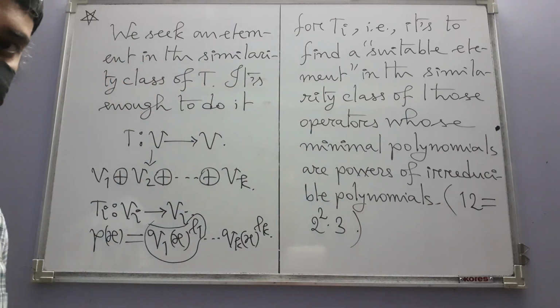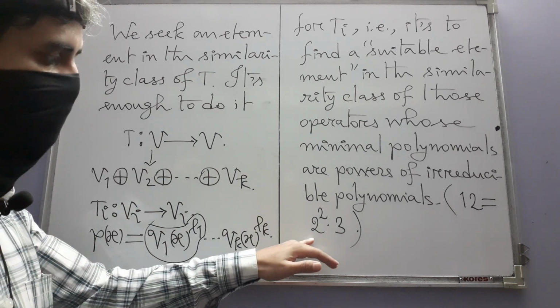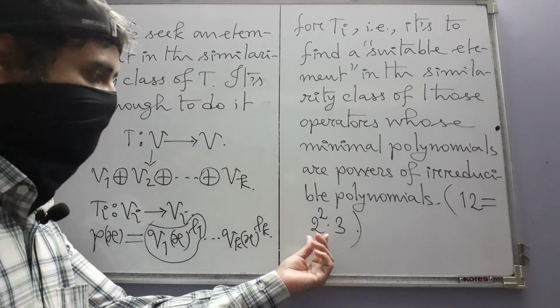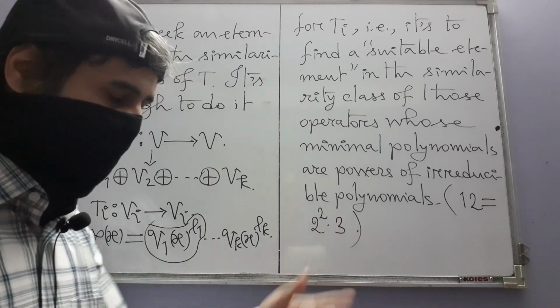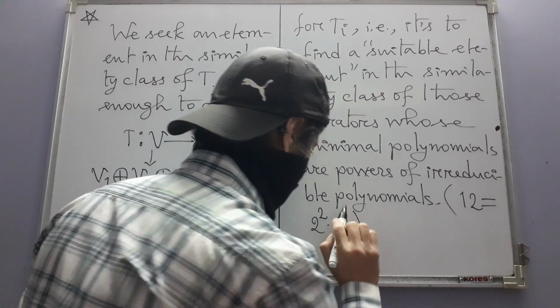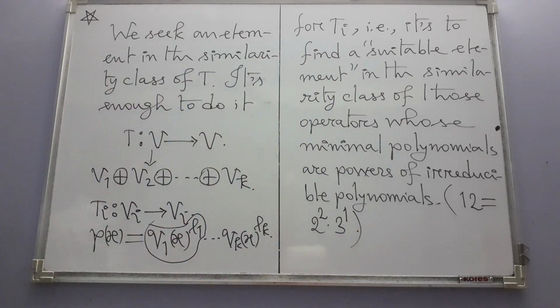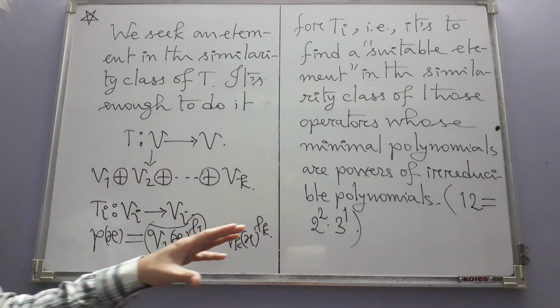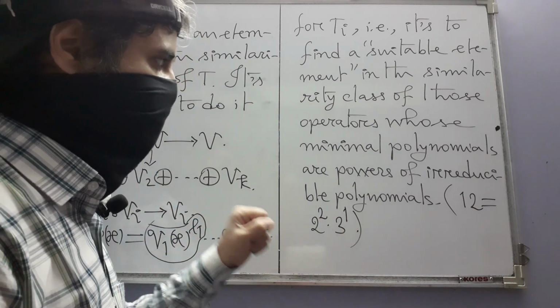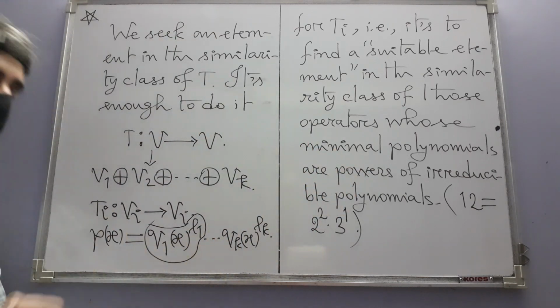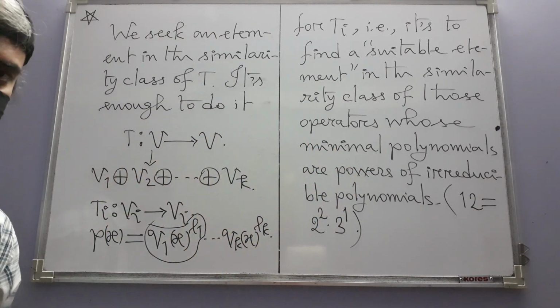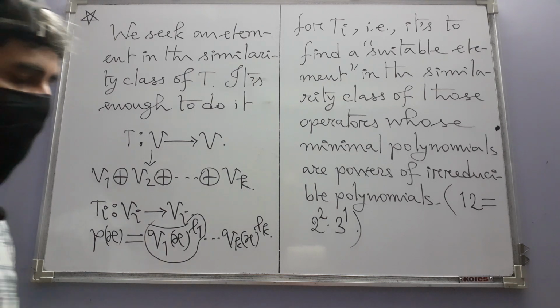So obviously then the job gets reduced to doing that thing for this prime power and this prime, which is also a prime power. The situation is somewhat like that. So we can now afford to focus only on those operators whose minimal polynomials look like this. They are powers of some irreducible polynomials.